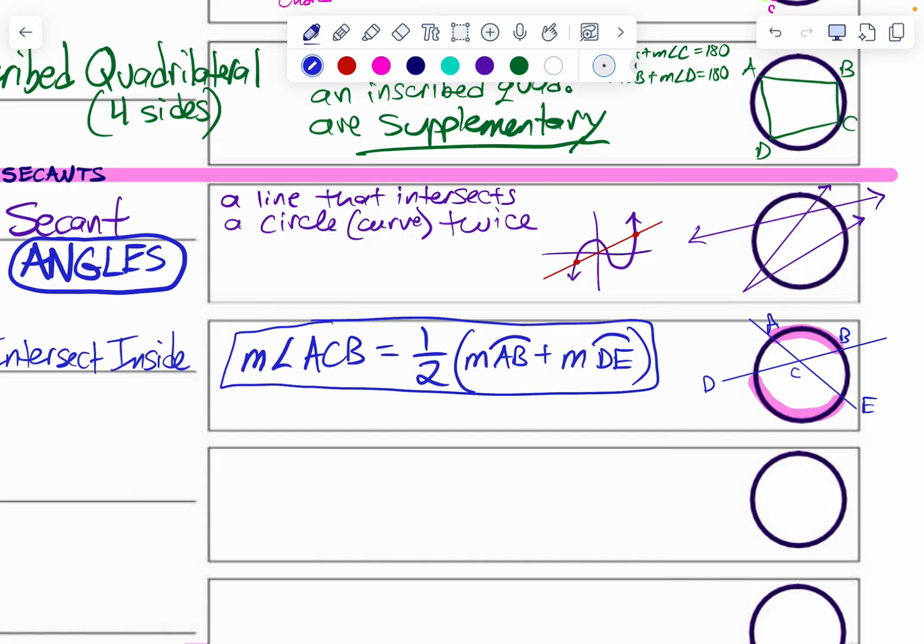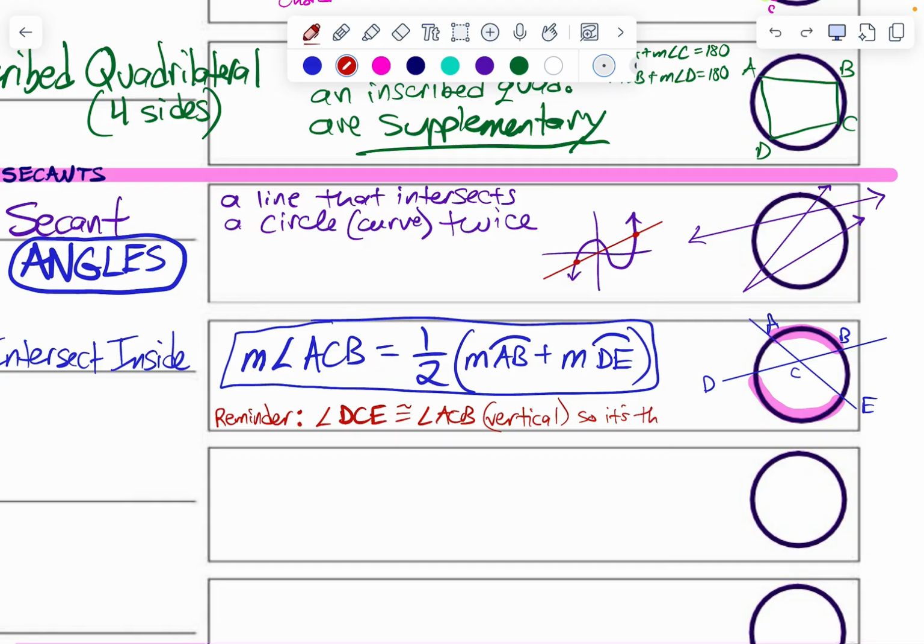Okay, so keep in mind that there are vertical angles there. Angle DCE is congruent to angle ACB. And why is that? So it's the same.